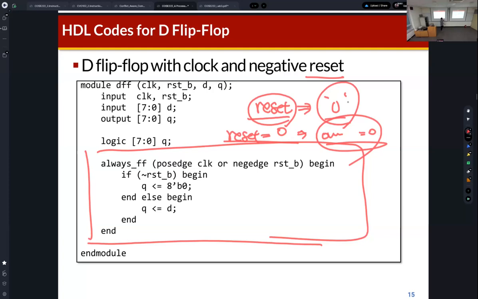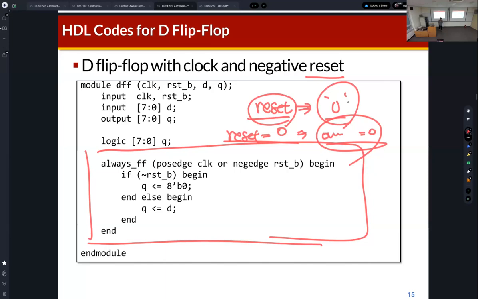Why? Because usually if we set the control signal as 1, it means that this control is enabled. But sometimes we need the control signal to be enabled if the control signal value is 0.